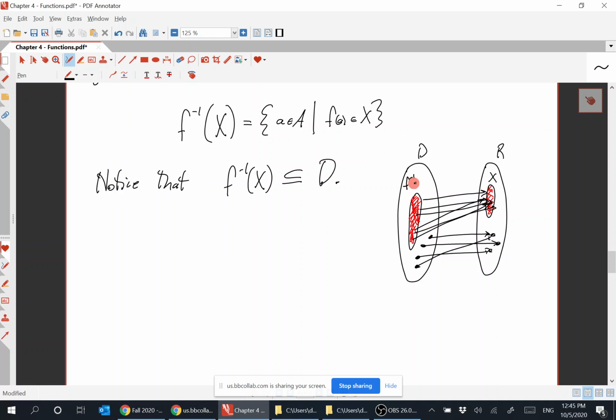This is the pre-image of X. So a little bit of a warning: f inverse X is not a function.